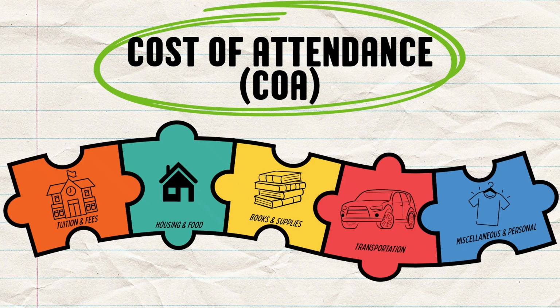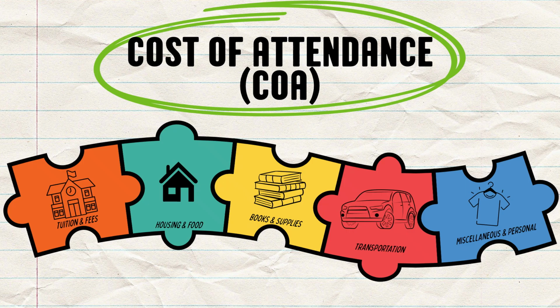The COA consists of two types of educational costs: direct costs and indirect costs. Direct costs are billed or paid directly to the college, such as tuition and fees, on-campus housing, or school meal plans. Indirect costs are necessary or required expenses not paid directly to the college.